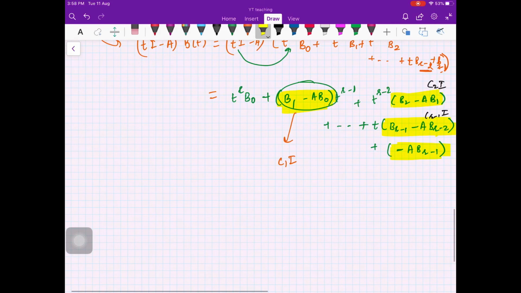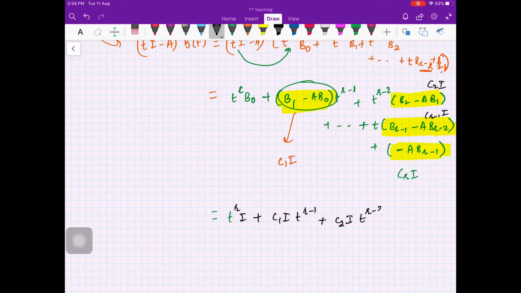So what you will get, this is T raised to power R B0. B0 is I, so you just write it as I. T raised to power R I plus C1I T raised to power R minus 1 plus C2I T raised to power R minus 2, and so on. There you get CR minus 1I T raised to power 1 plus CRI.